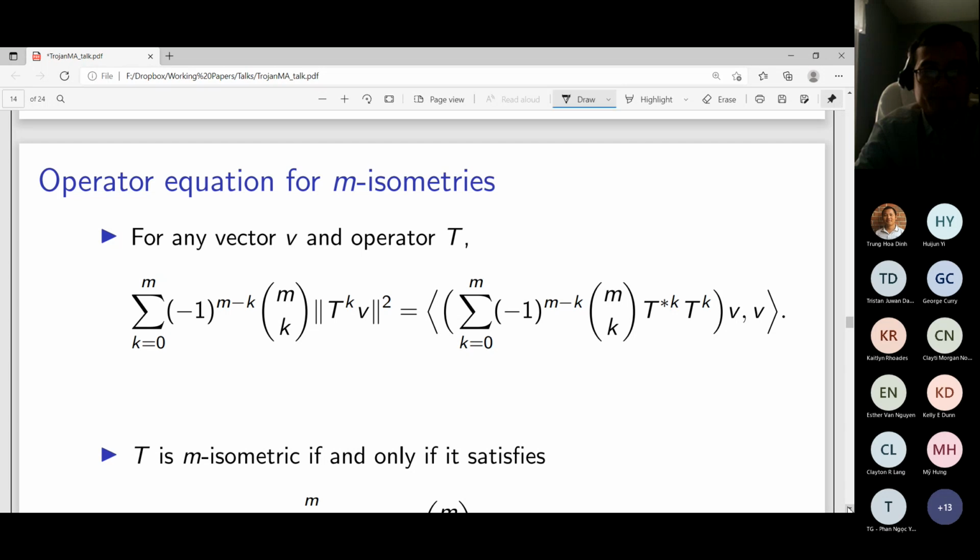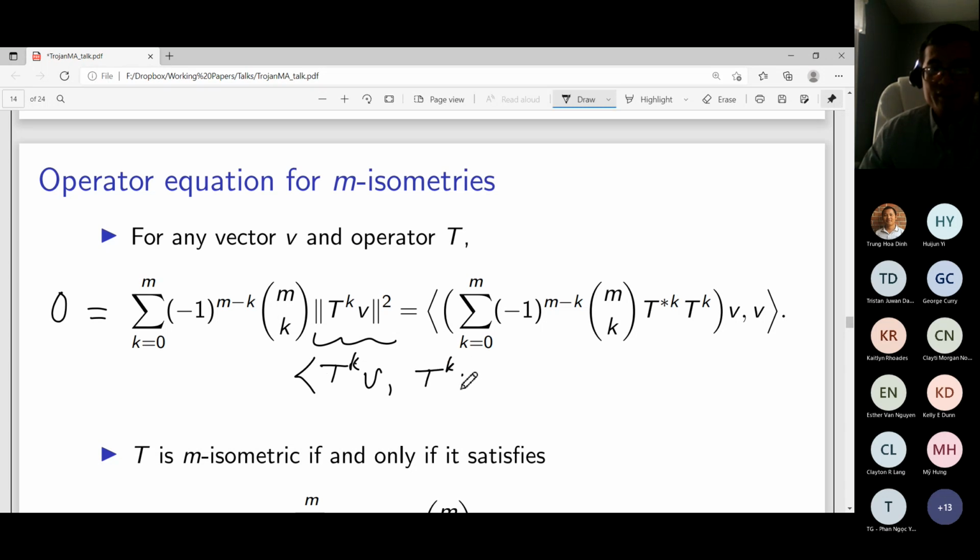So to begin, to show you the ideas of my approach, let me recall again the definition of m-isometries. So T is an m-isometry if these things equal 0. But using the inner product in linear algebra, this can be written as the inner product of T^k v with T^k v, and then we can bring T^k to the other side, and we get the conjugate transpose.